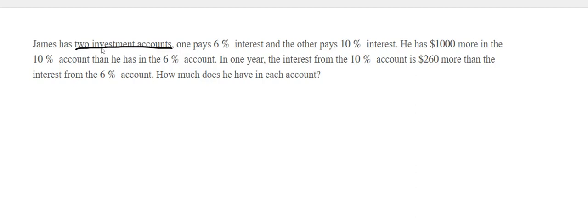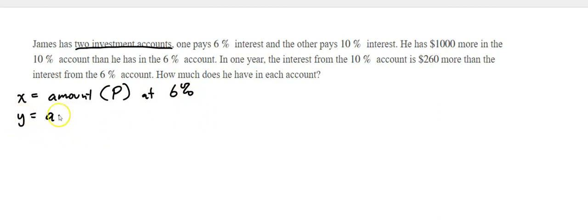So let's assign each of these a variable. Let's just be very intentional in how we do this. We've got to have an x and a y. So let x equal the amount P, remember that's the principal, of the first account at 6%. Let y equal the amount P for interest at 10%.